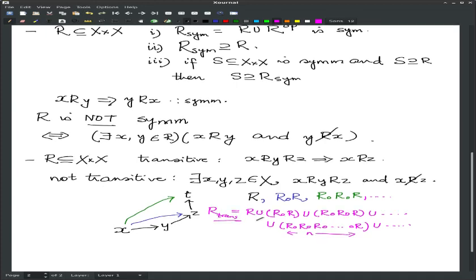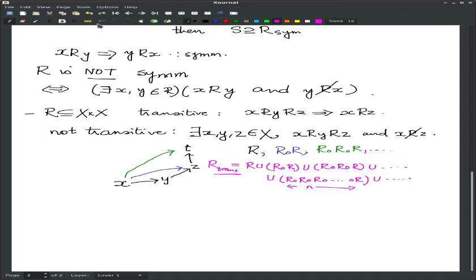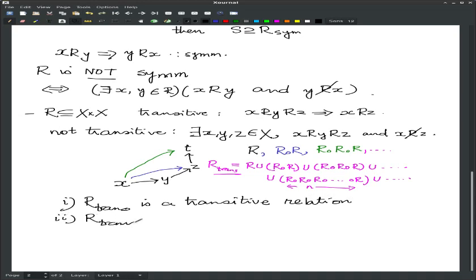So what do you have to show? You have to show that R trans is a transitive relation. Then you have to show that R trans contains R, which is immediate.